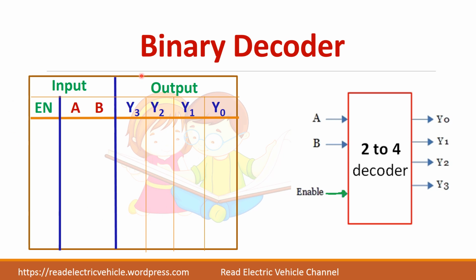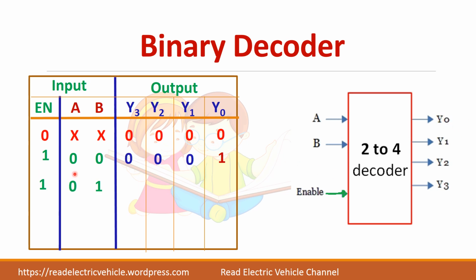Now let us write the table for this 2 to 4 decoder. So this is the input, we have 3 bits. A and B are the 2 inputs and we have another enable bit. If the enable bit is 0, whatever input I give, I have marked it as XX to denote that whatever its value is, the output will be 0. But if the enable bit is high, if my input is 0, 0, I will get the output in Y0.